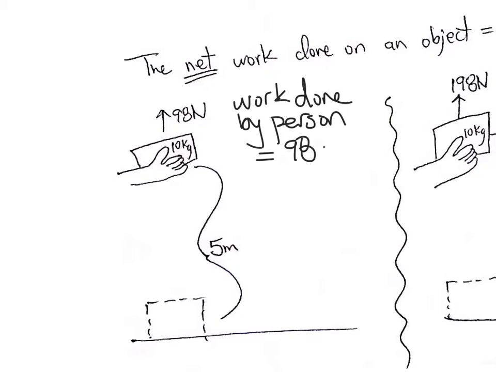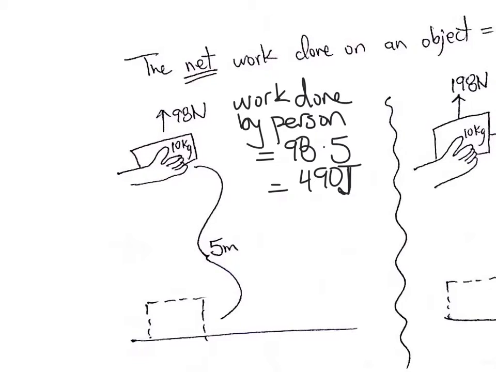So they're not speeding it up, they're just exerting a force equal to its weight. And what is that? It's going to be 98 times 5, or 490, and this is energy or work, so it'd be joules.